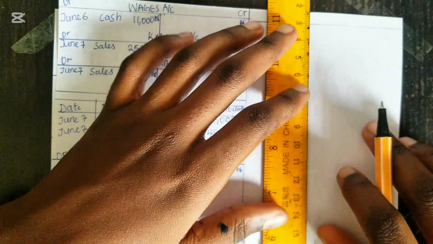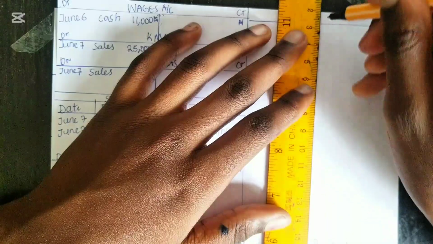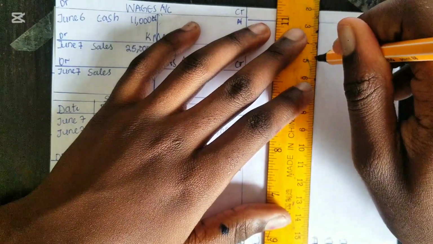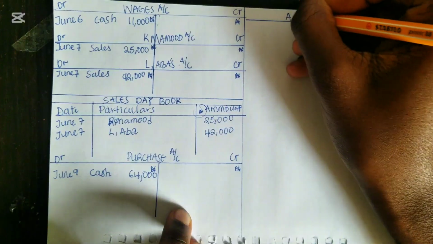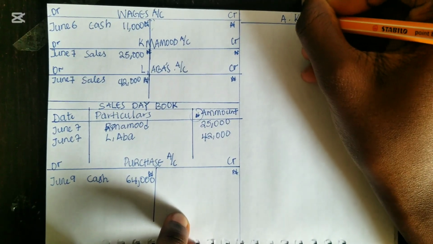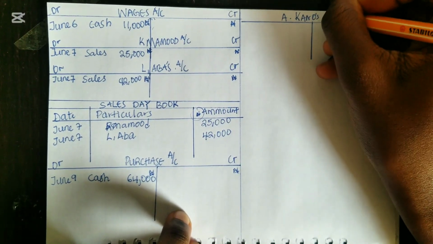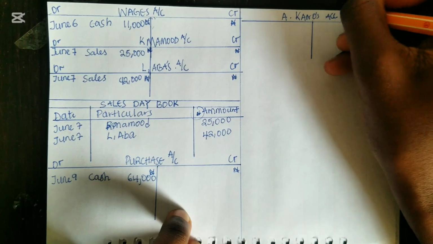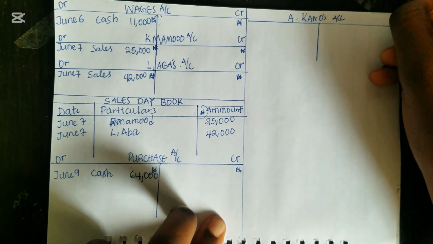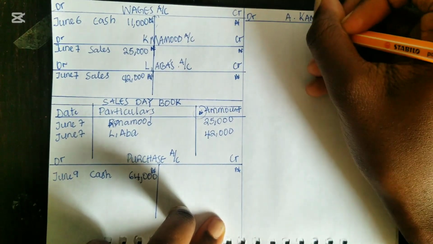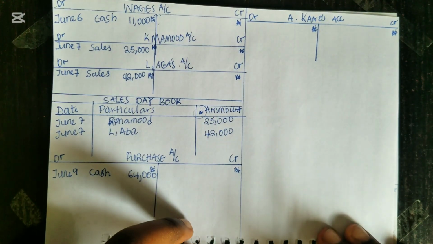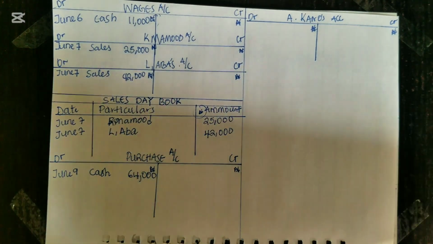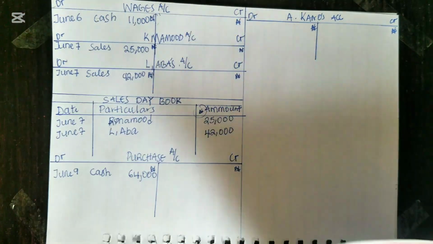A Kano's account: here will be credited, here will be debited. Our naira sign, our naira sign.